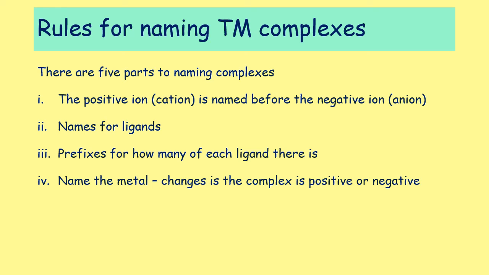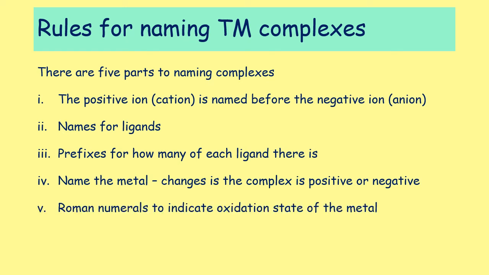Then the metal. So the name of the metal will change. How we describe the metal changes depending on whether the complex is positive or negatively charged. And finally, Roman numerals are put at the end of every complex to indicate the oxidation state or the oxidation number of the metal.